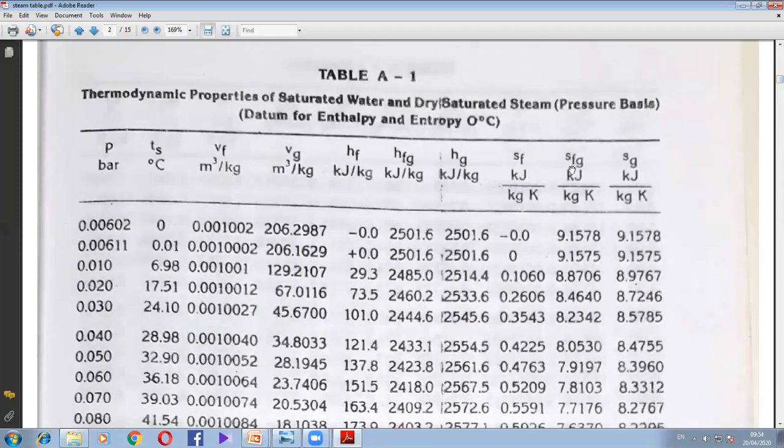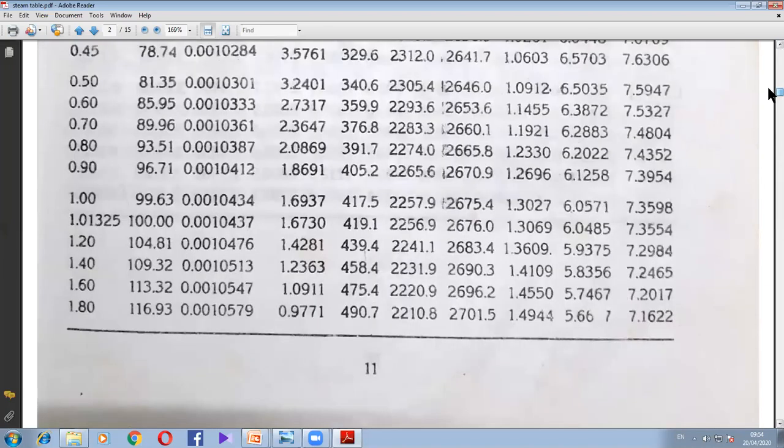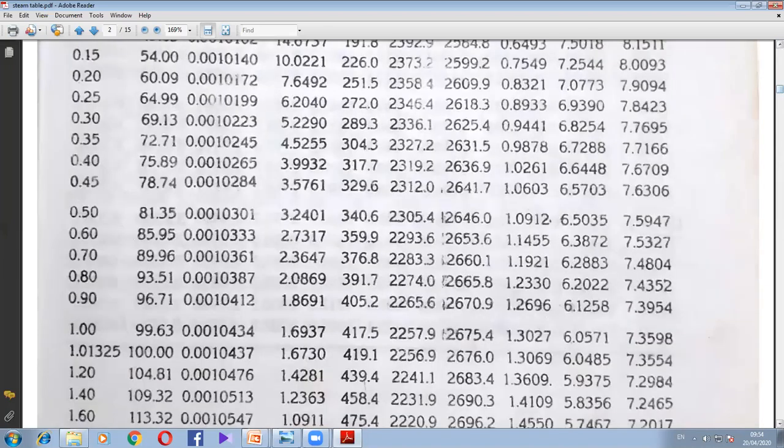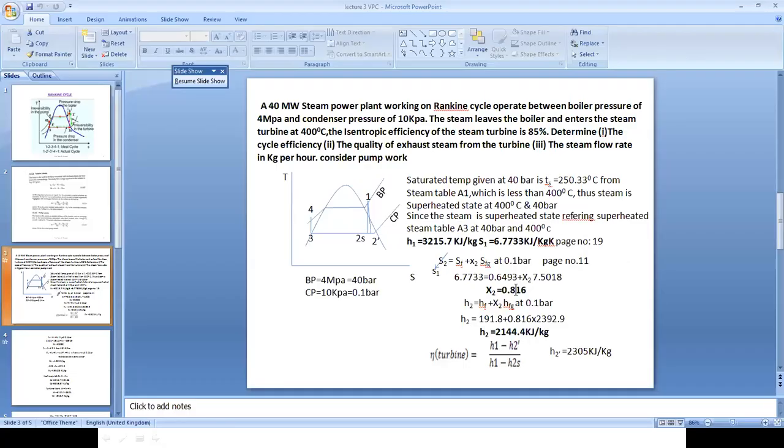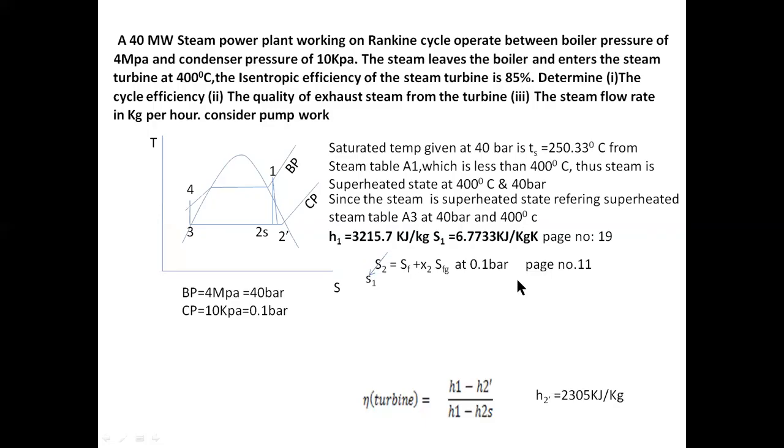These are Sf and Sfg. You note these values. Okay, these values you note. 0.6493 is the Sf and Sfg is 7.5018. Okay, these values you need to note.